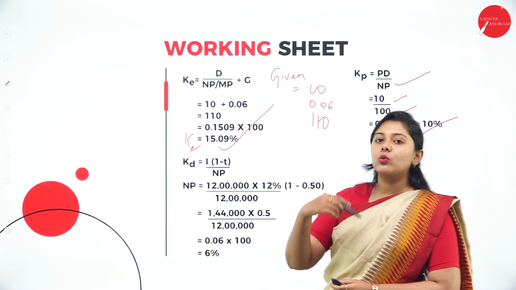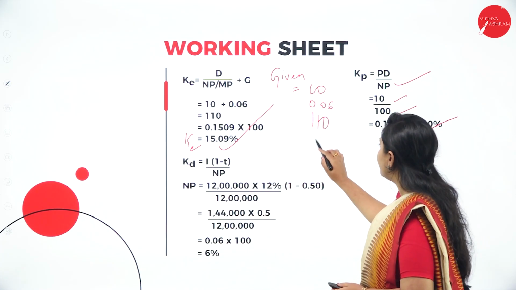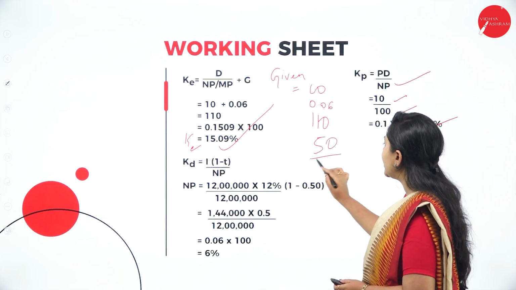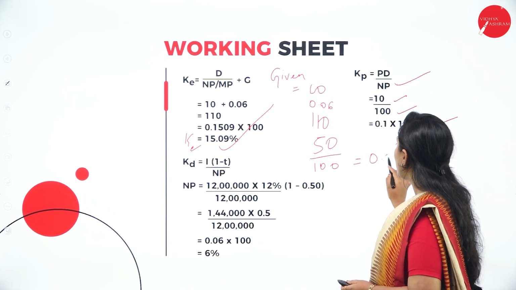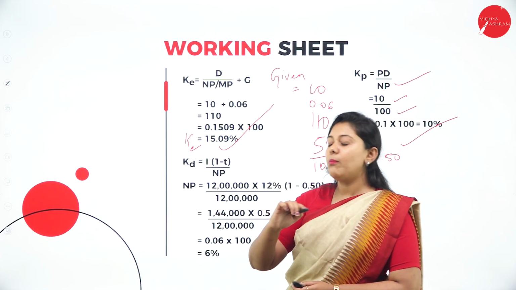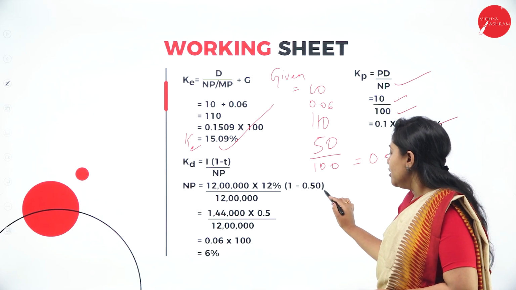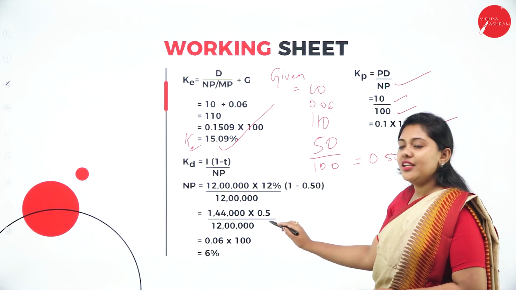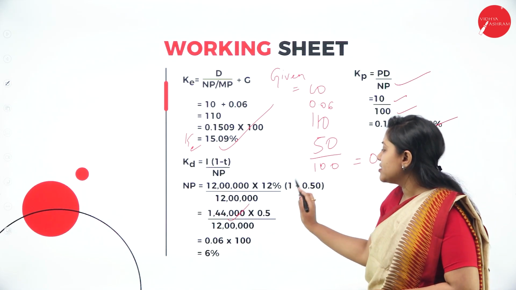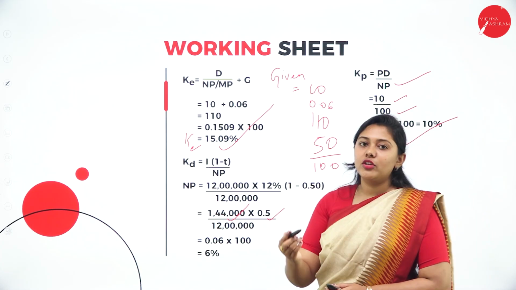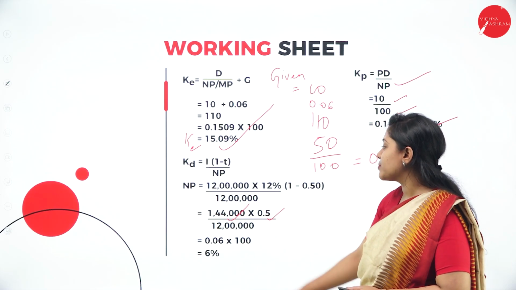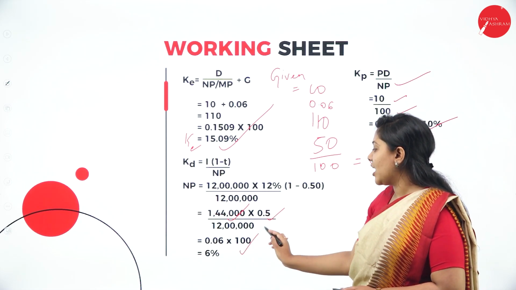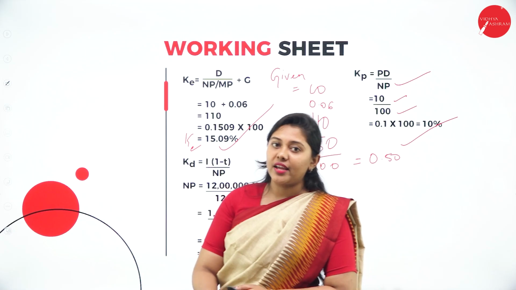Converting the tax percent, 50 divided by 100, gives 0.50. So 1 minus tax, 0.50, will be 0.5. Interest times that, divided by your 12 lakh net proceeds. If you substitute the values, you'll get the answer as 6%.